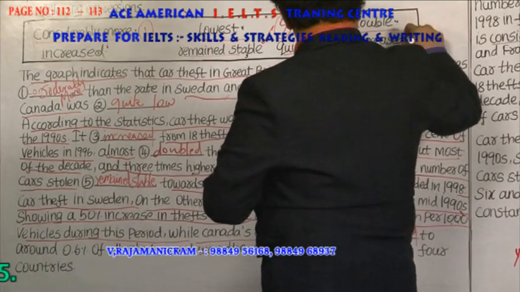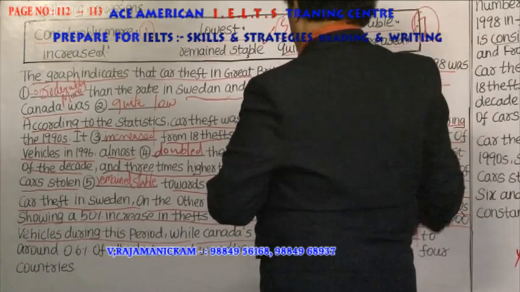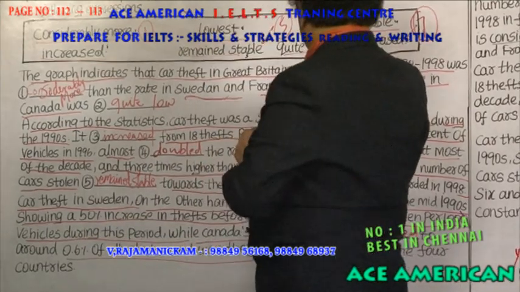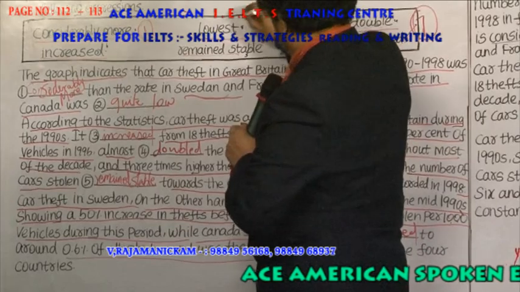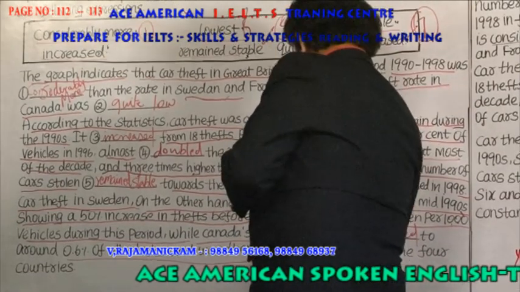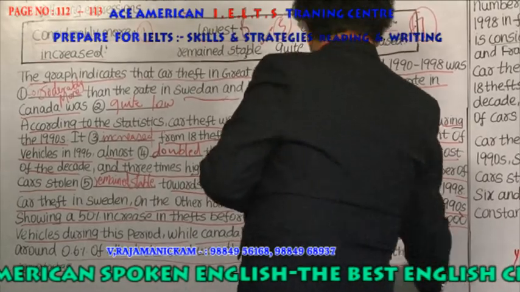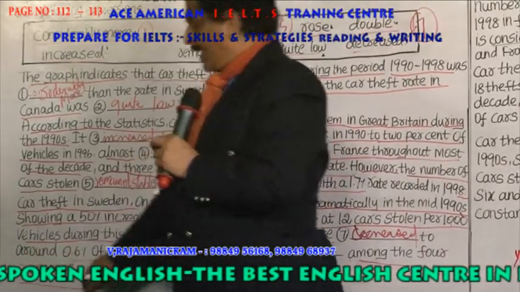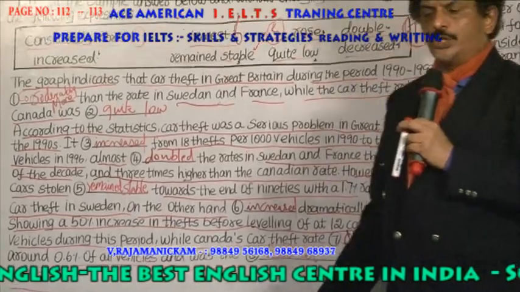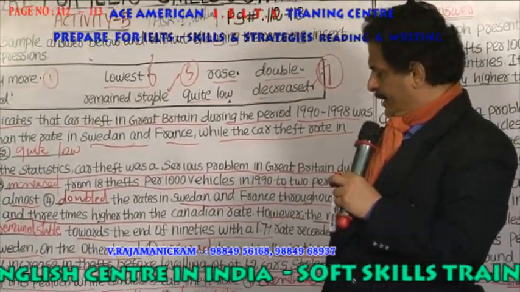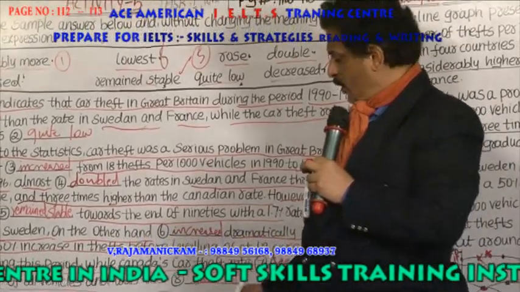It is the seventh one, to around 0.6% of all vehicles, and was the number 8 lowest among the 4 countries. So when you want to compare the 4 countries, you want to use an adjective, and the superlative degree is lowest. You have to use lowest.